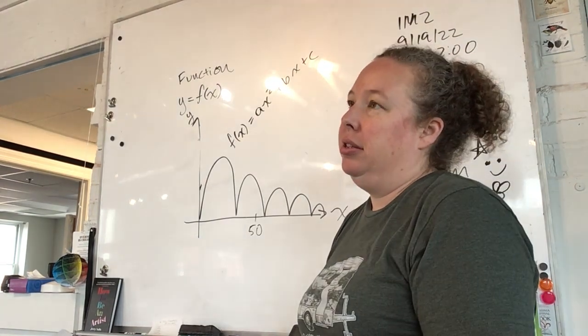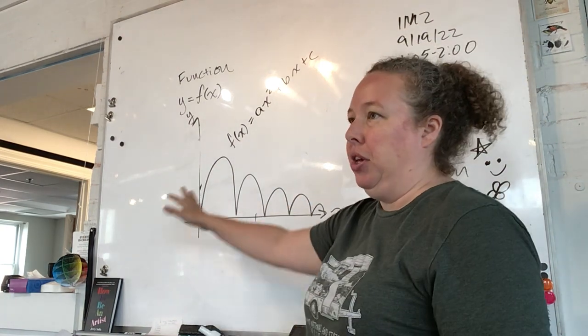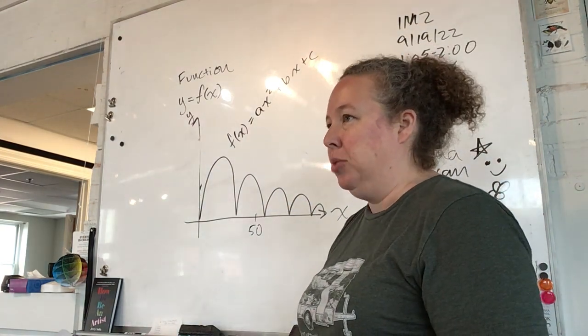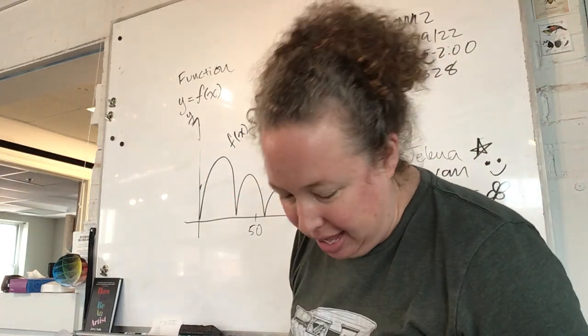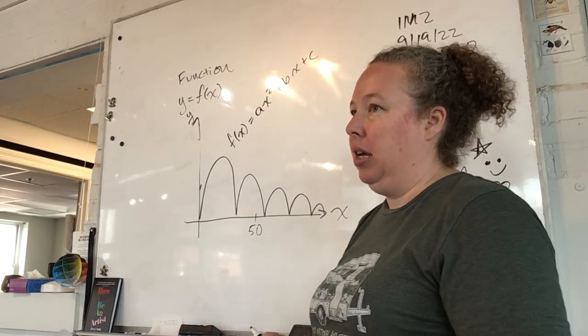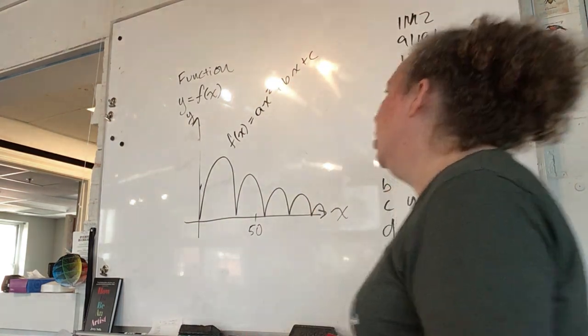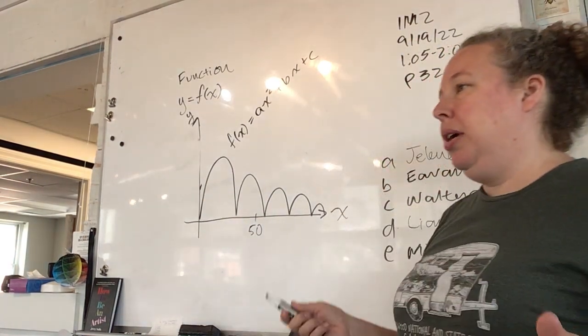There are other things that can influence exactly what the equation of the parabola is. But definitely the major factor that's causing this to be a parabola is the force of gravity.